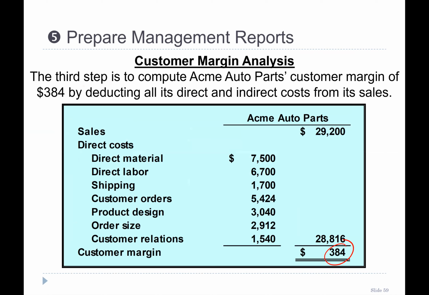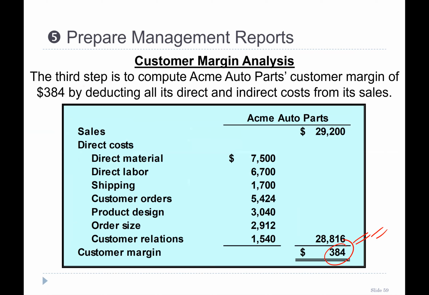Besides the product margin, this customer is also giving us some profit, which is $384, right? If it's in million, then 384 million. If not million, then just $384 is the customer margin. Right, guys?